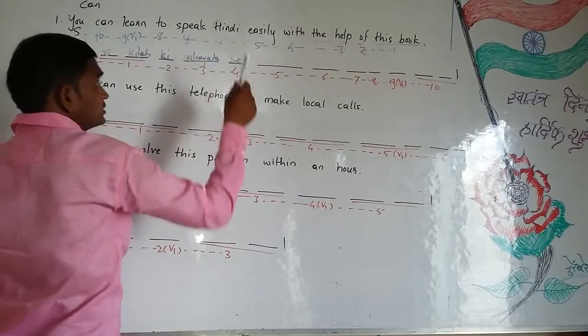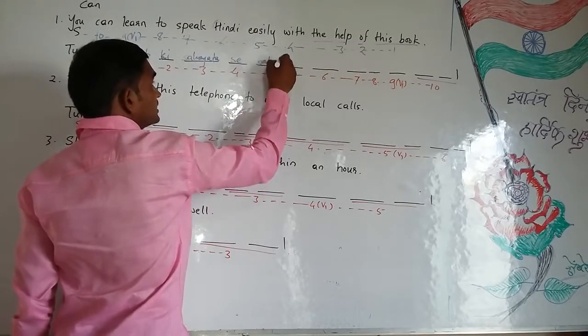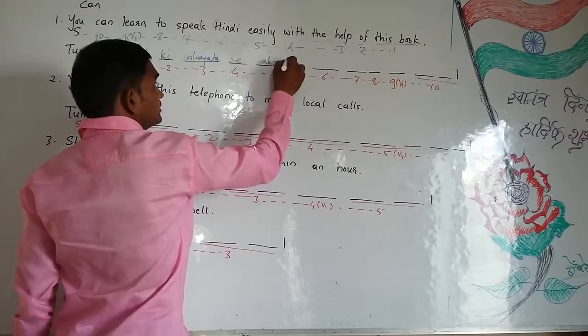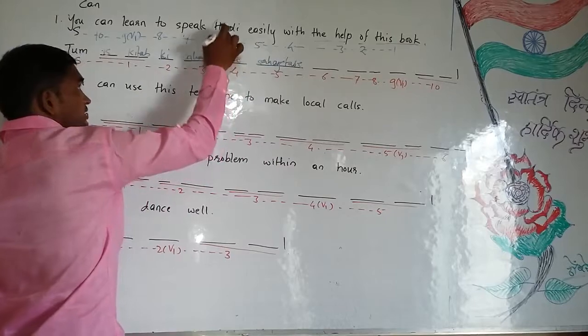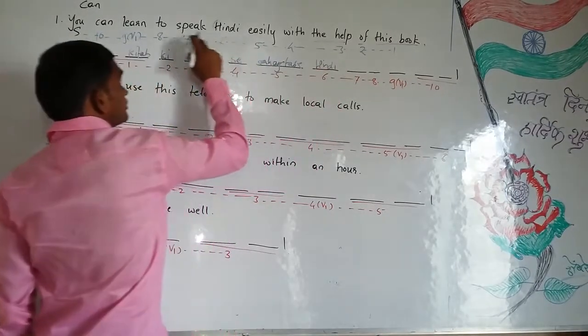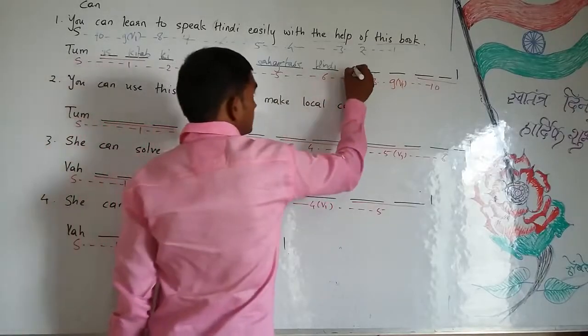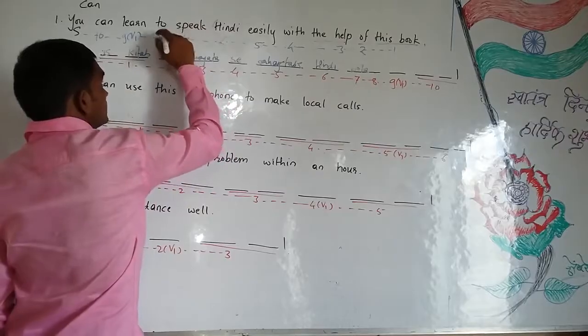Before 4, above 5 is easily. The Hindi word for easily is सहजता से. Before 5, above 6 is Hindi. The Hindi word for Hindi is Hindi. Before 6, above 7 is speak. The Hindi word for speak is बोल. Above 8 is to.